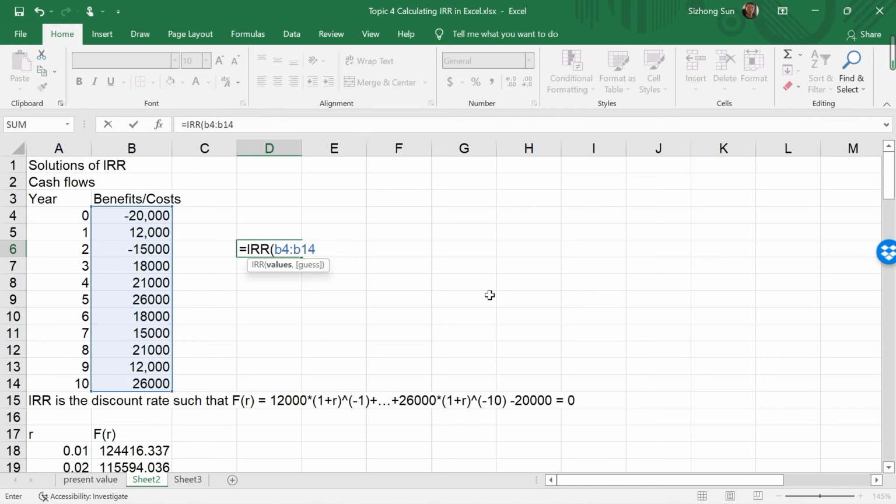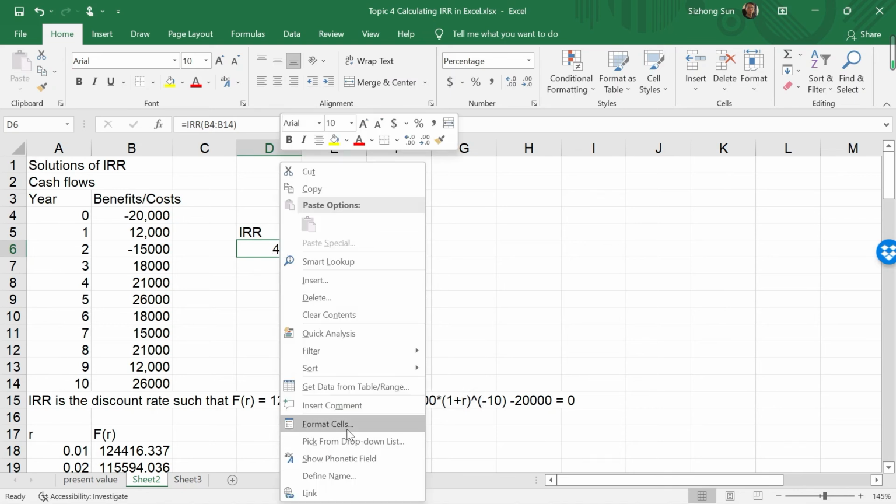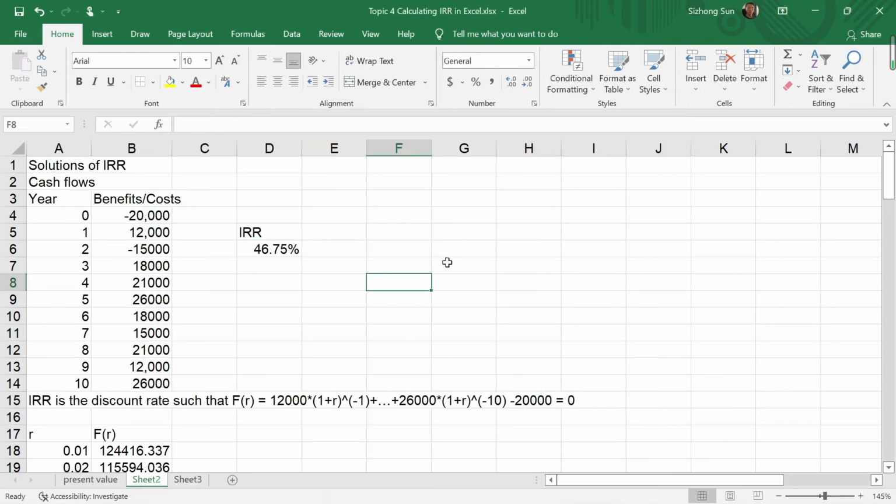Let's not guess, let's just leave it here. So it calculates the IRR to be 47%, or let's have more digits, 46.75%.